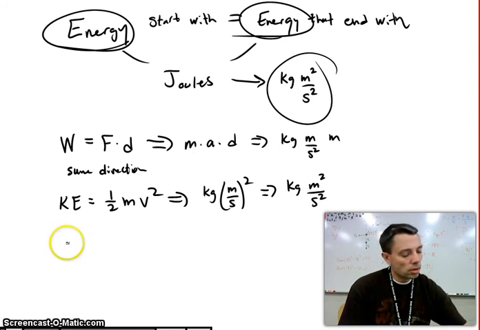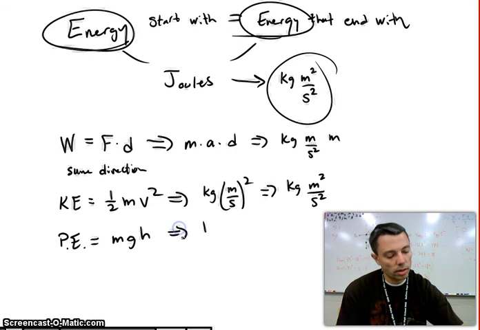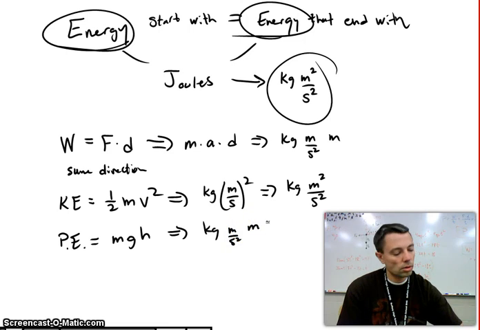Then we talked about potential energy. And potential energy came in two forms. There was the gravitational potential energy, which was mgh, and by the way, kilograms, meters per second squared times meters, same units.